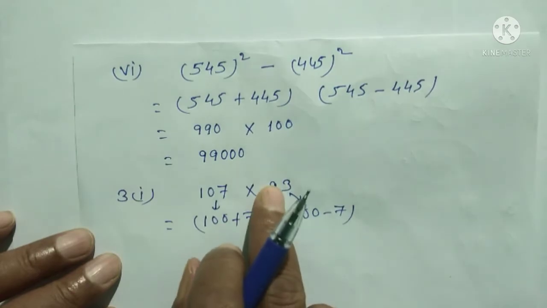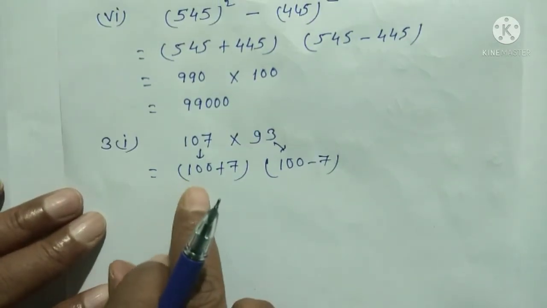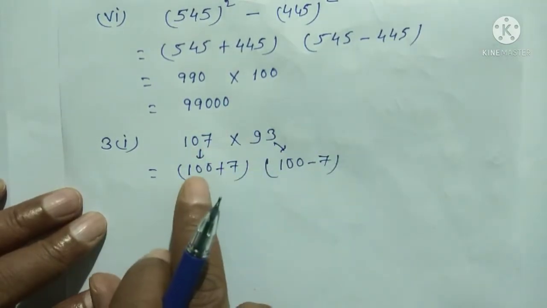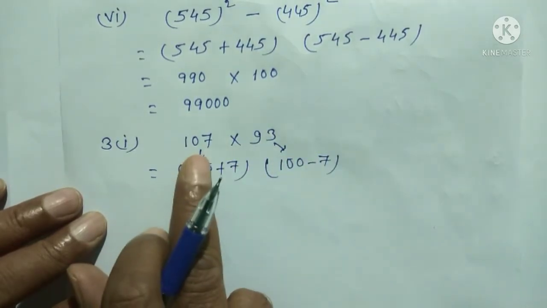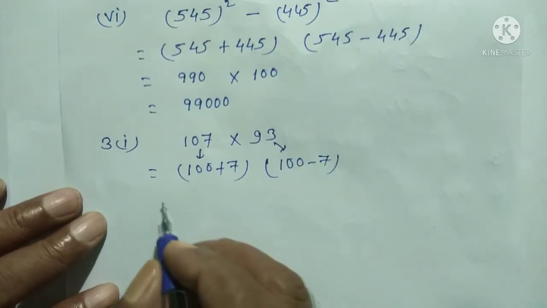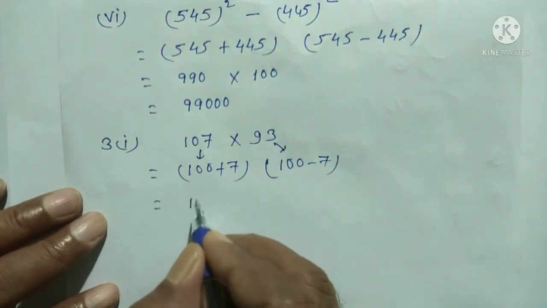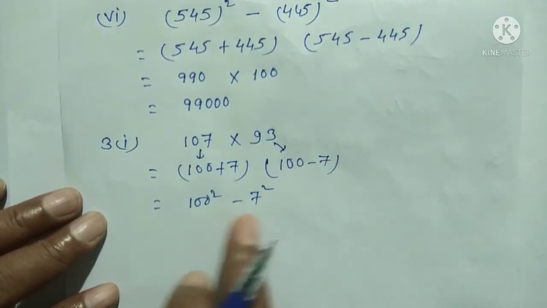Now consider a plus b, a minus b. What is the formula? a plus b into a minus b is a square minus b square. a means 100, b means 7.